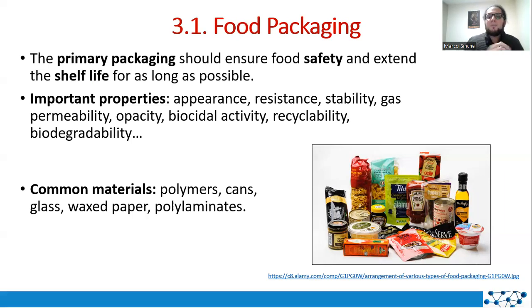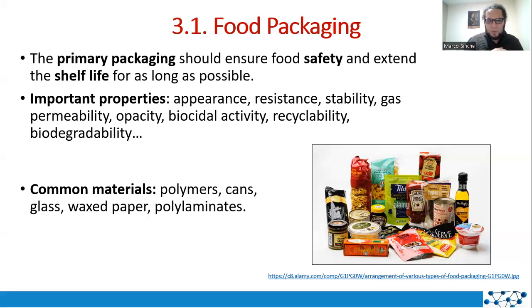It means that the materials won't contribute to contamination of the products. And second, it will be useful to extend the shelf life for as long as possible. In these cases, if a material doesn't help to have a long period of time where the products could be commercialized and consumed, it doesn't help a lot.